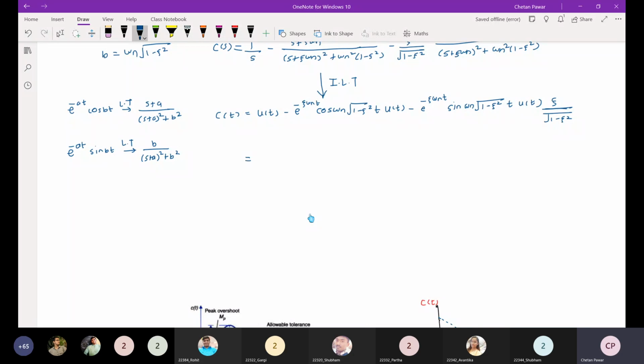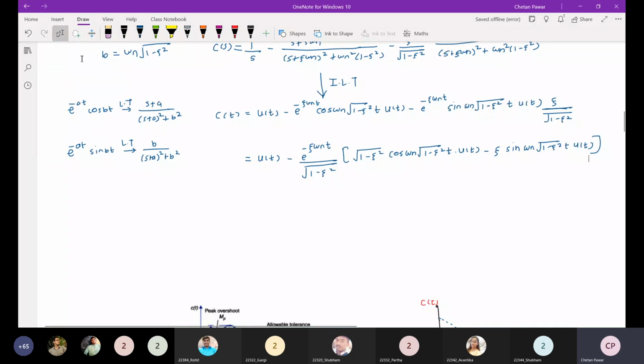I have taken e raised to minus zeta omega n t and the square root of 1 minus zeta square outside.